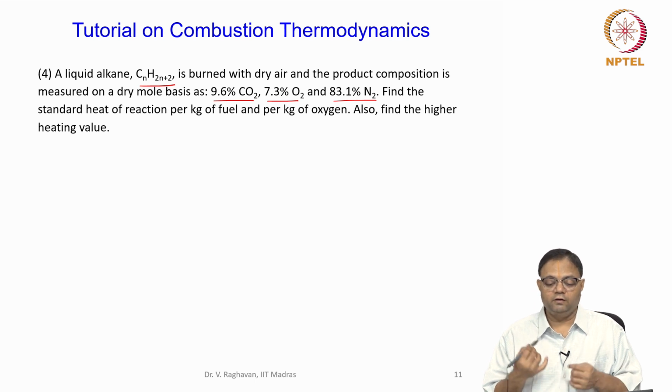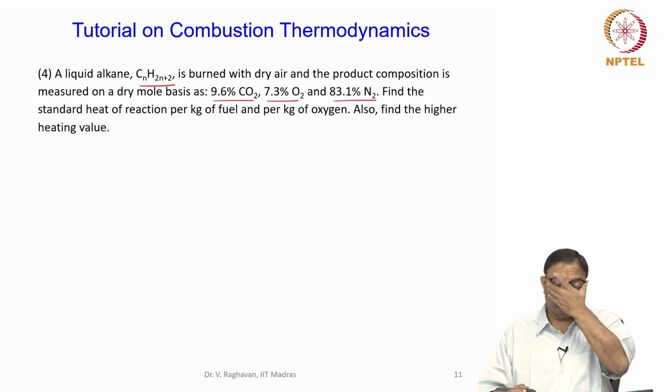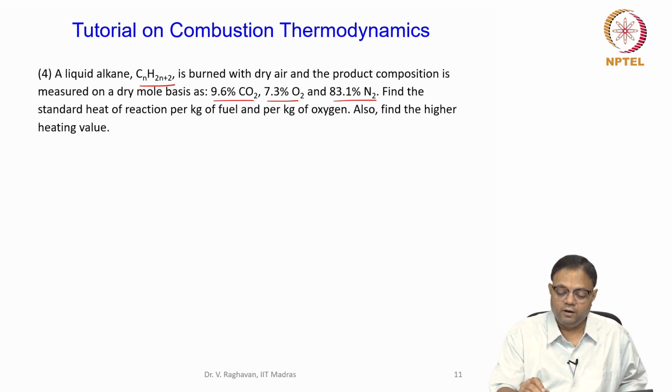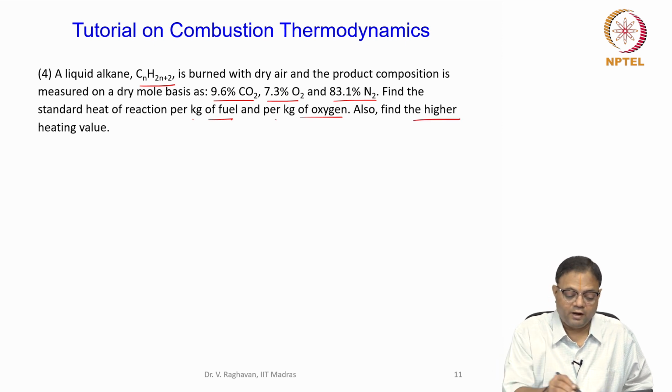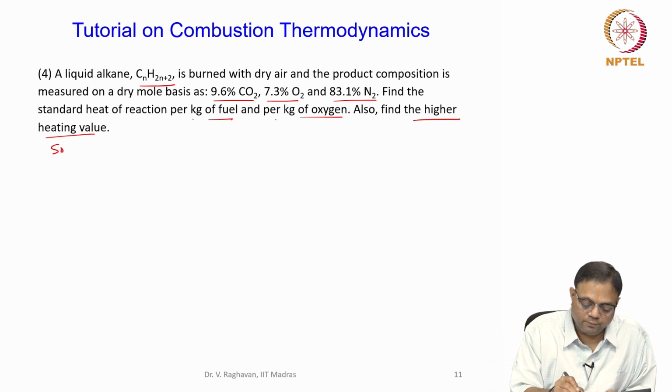So here again H2O is not there because the water vapor is condensed and removed as liquid water. What is the standard heat of reaction per kg of fuel and also per kg of oxygen, and also find the higher heating value. Okay, so we will do this solution.